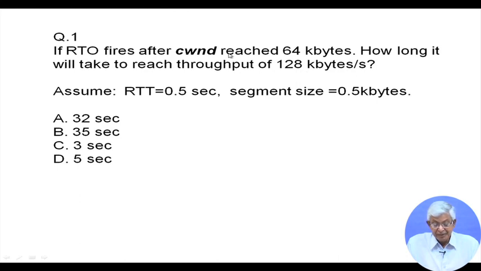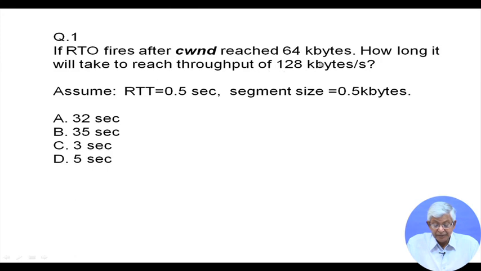Seems to be a little bit of a trick. Throughput has to be calculated, and what is given is: assume RTT is 0.5 second, segment size is 0.5 kilobytes, and 4 options are given: 32 second, 35 second, 3 second, 5 second.